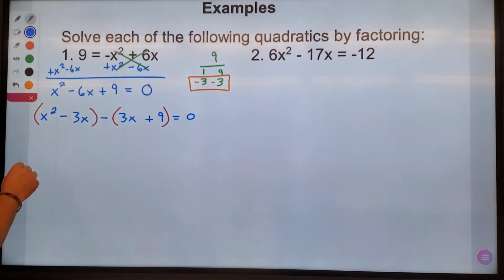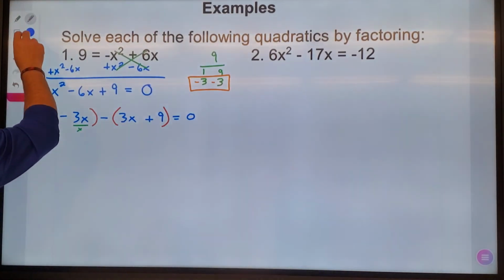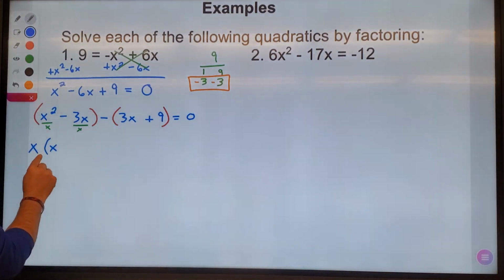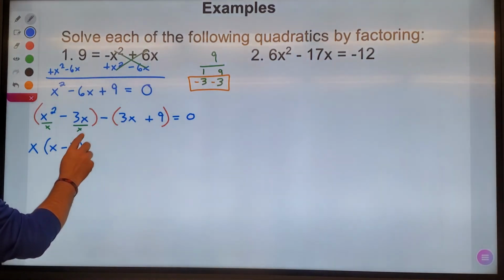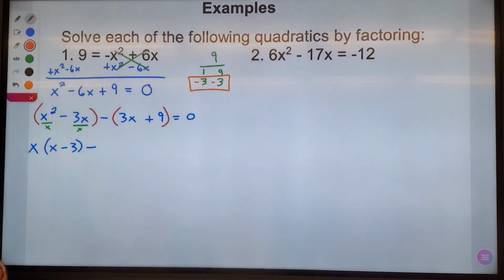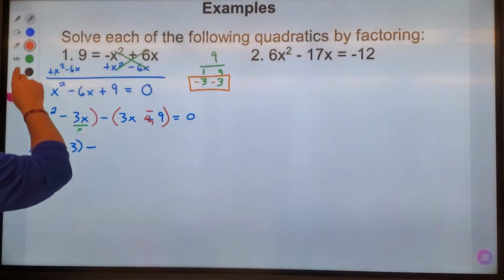They have an x in common. So I'm going to divide by x. That x comes out. I have x left because x squared divided by x is x. Negative 3x divided by x is minus 3. The minus sign here comes down. I forgot that we're going to have a minus here. I need to change this sign so that becomes a minus now because it was a plus.